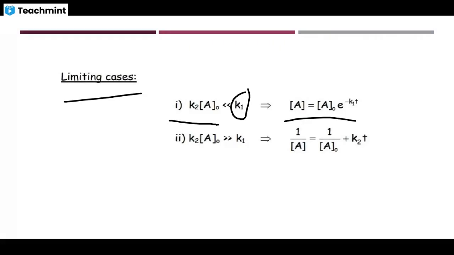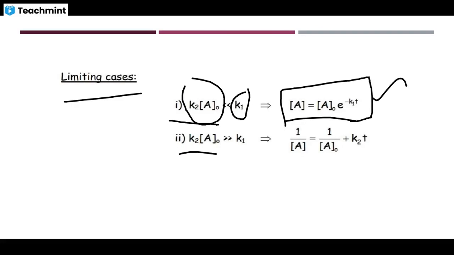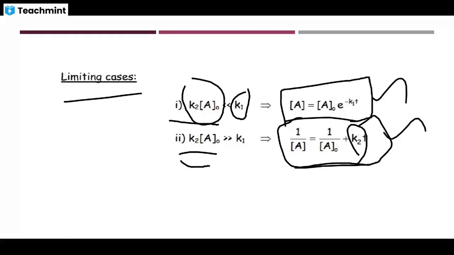The consuming by K2 is very small, so the concentration of A is determined only by K1. When K2 is slower, you get first order with respect to K1. When K2 is very fast, you get second order with respect to K2. You know the formulas.